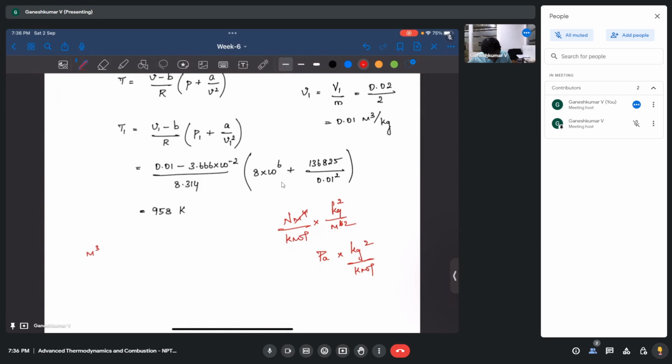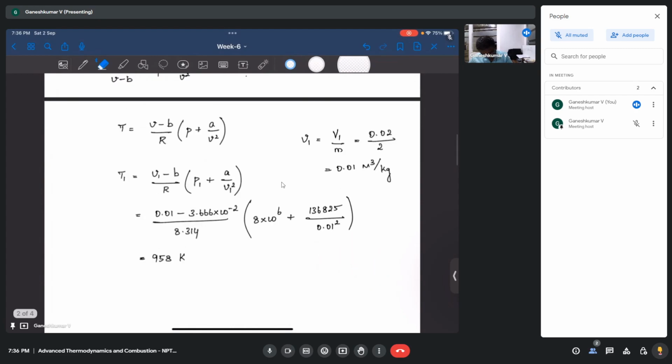Oh, since you are writing in terms of moles, it should be in terms of moles. If you are writing in terms of kg, you need to change the units, right? So that is why the problem is. Since you wrote everything in mole, you should write V also in terms of mole.